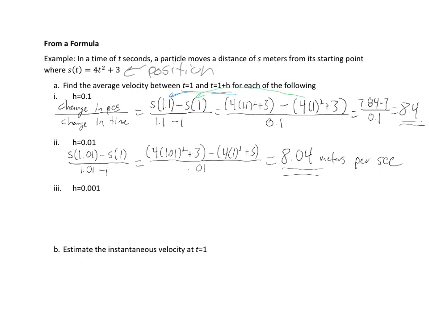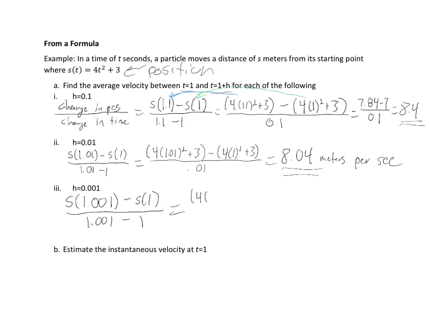So let's shrink that time interval even more. We're going to look at s of 1.001 minus s of 1 over 1.001 minus 1. So again, we're plugging in the position over an even shorter amount of time.